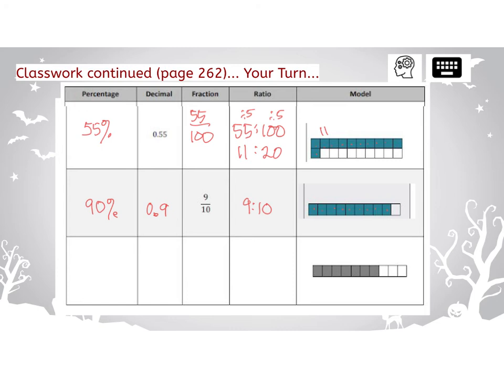That is 9 out of 10. Here, okay, what do we have? 1, 2, 3, 4, 5, 6, 7. 7 out of 10. That would be 7/10 and 70%. Okay.